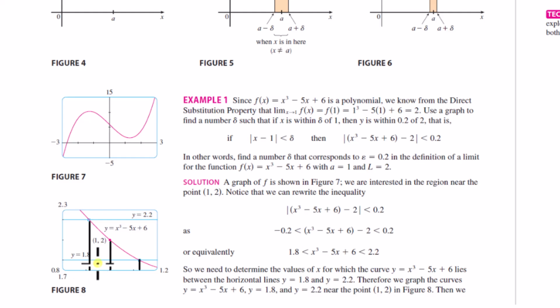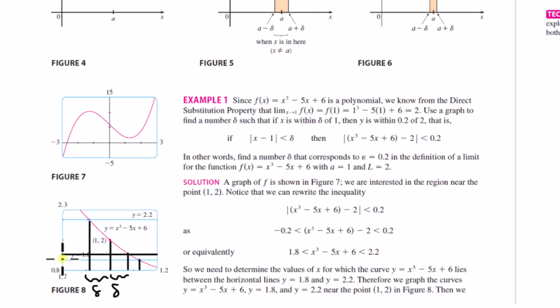So 0.92 is 0.08 away from 1, so we just go 0.08 above 1 as well, so it would be like here. And so there's the delta. Well, this would be delta, 0.08. And so the new horizontal line from below would be here.